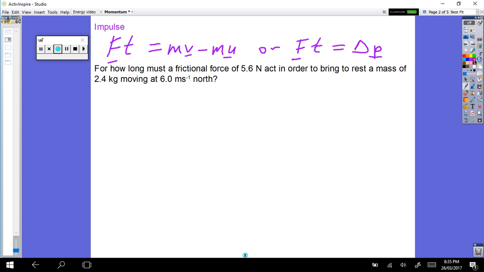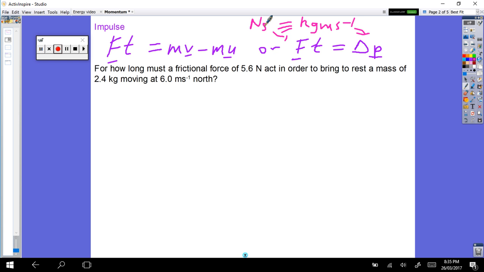So the unit is newton seconds, which is equivalent to kilograms meters per second, the units for our momentum. So you can see that these match up. You either see newton second or kilogram meters per second.